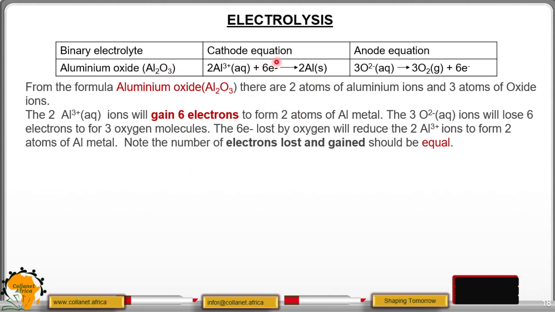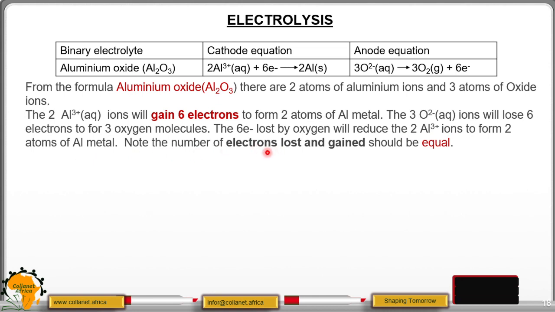Since 1 oxide ion needs to lose 2, we require 3 of them so that we have a total of 6 electrons. So the 6 electrons lost by oxygen will reduce aluminium to form 2 aluminium metal atoms.